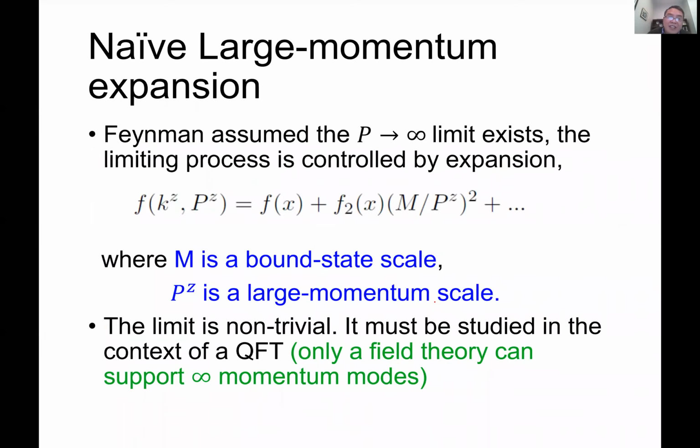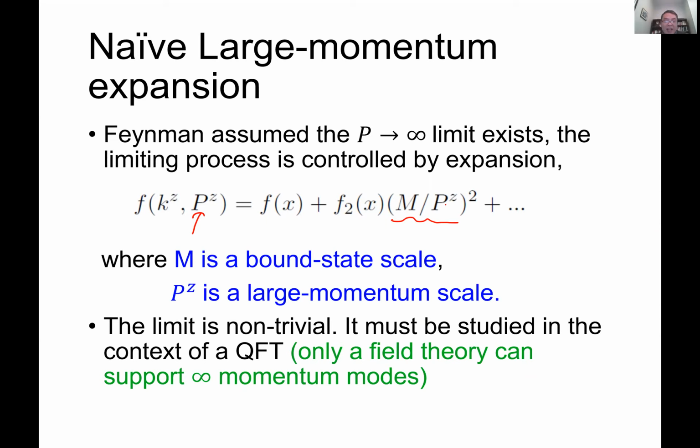So then there is this naive large momentum expansion, okay? So Feynman assumed that this momentum distribution as a function of the external momentum exists in the Pz going to infinity limit. So if it exists, then you can make a Taylor expansion. And the expansion parameter is some kind of hadronic scale over the momentum of the hadron.